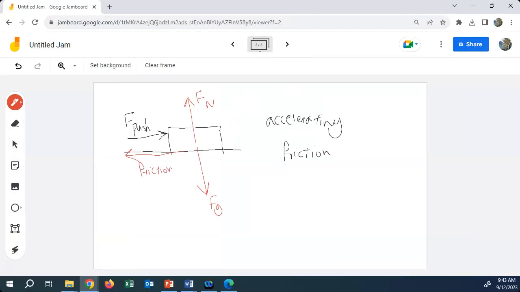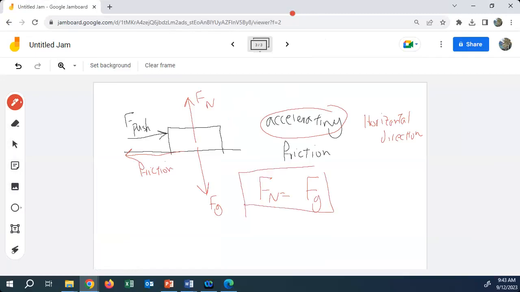This object is accelerating in the horizontal direction. So what does it mean? It means that the box is moving along the x-axis, horizontal. In the y-axis, it doesn't move. When it doesn't move in the y-axis, those forces in the y-axis are canceling each other. So normal force and force of gravity are equal because it's not moving up and down.